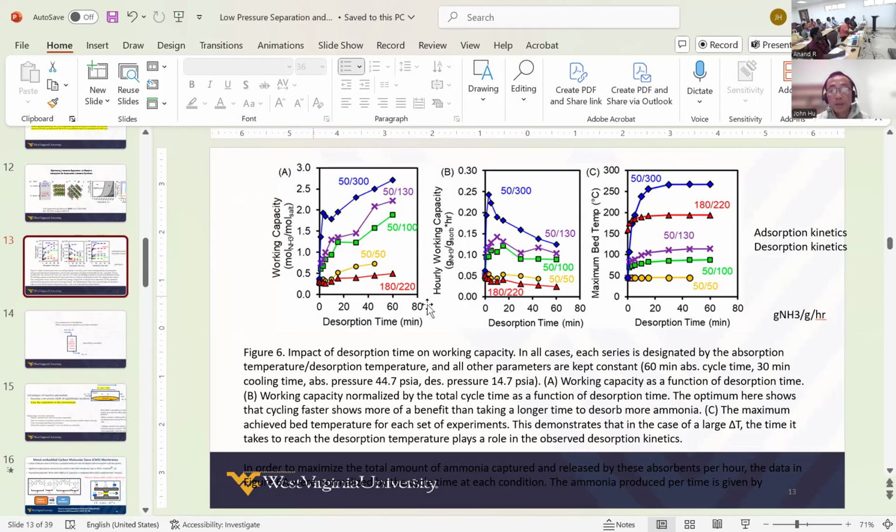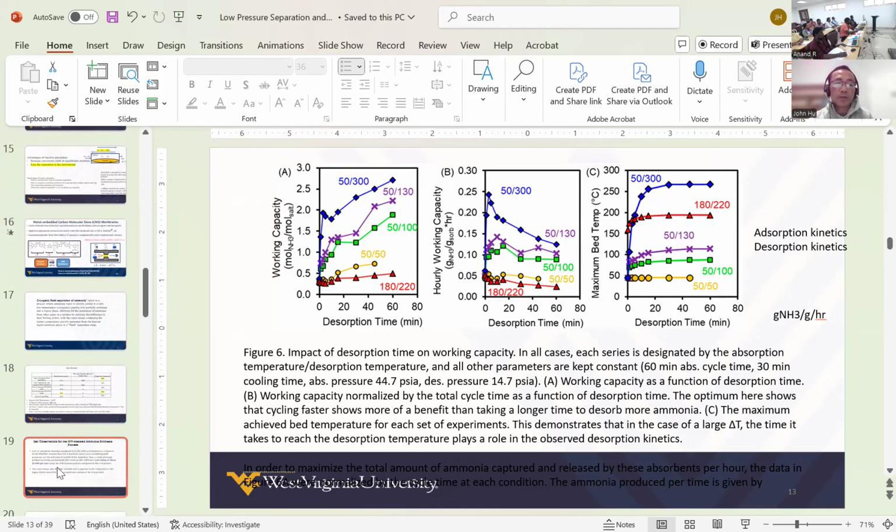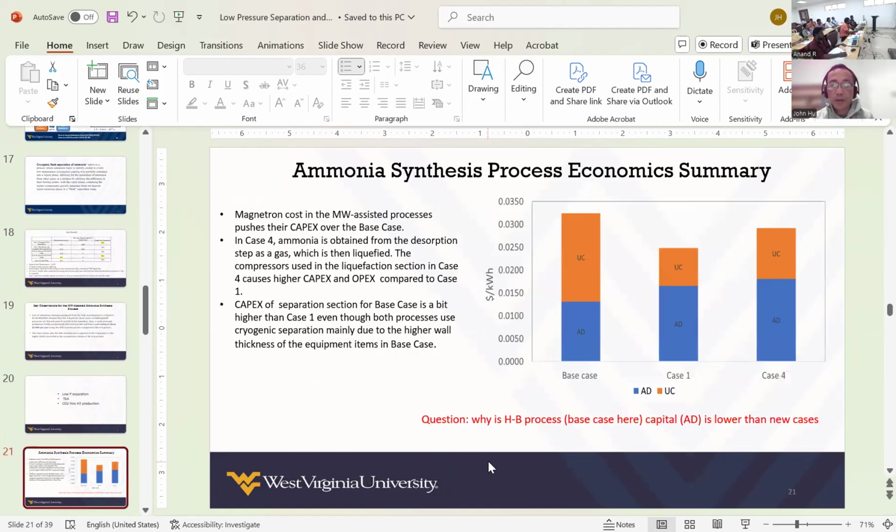It's basically desorption time versus the solid sorbent capacity. You can tell the shorter the better. With this real data, we can plug it into the microwave calculation and come up with this analysis, the TEA.